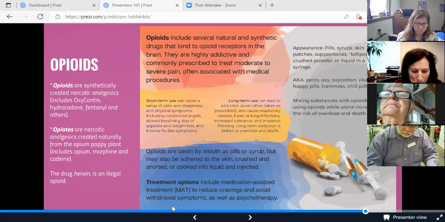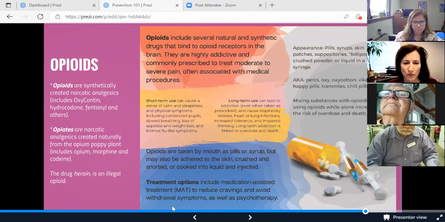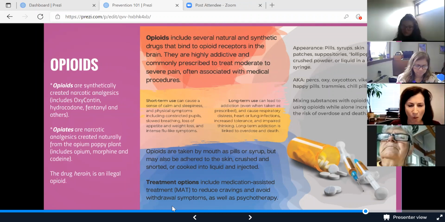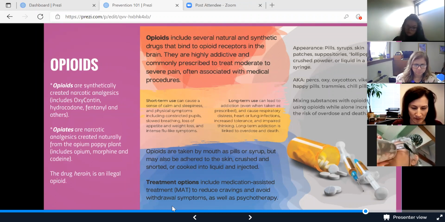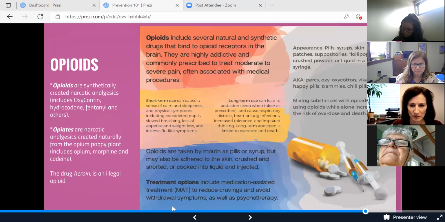A lot of times we usually see them in pills, syrups, skin patches, suppositories, and lollipops. The lollipops are usually one that you would find for fentanyl, but there are a couple others that have lollipops, which are basically small, stick-like looking medications that are placed on the cheek and absorbed through the mucosal membrane on the cheek.